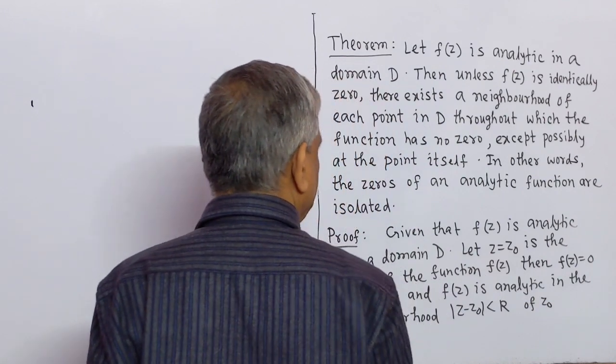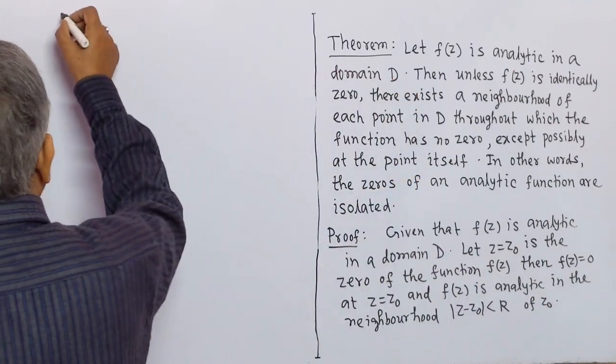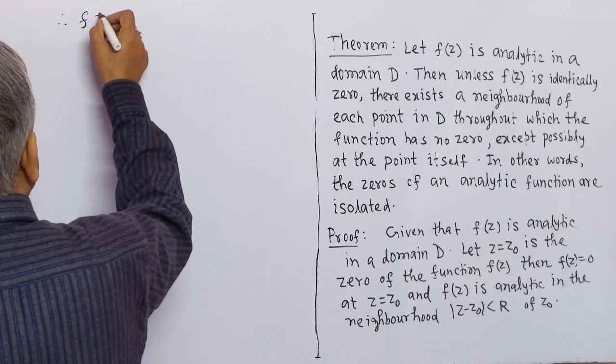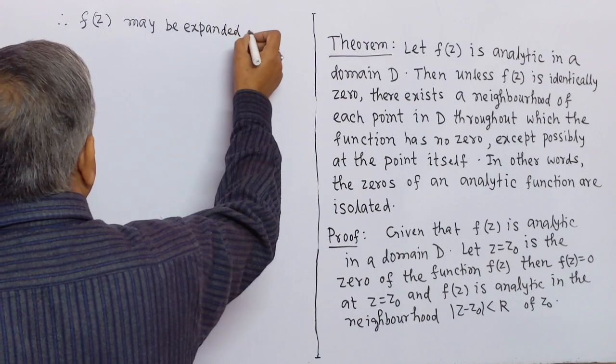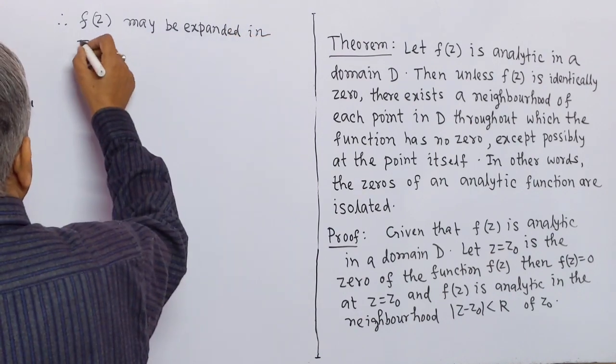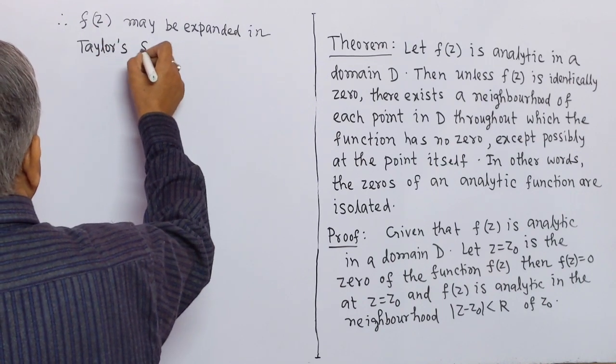This is the neighborhood of z naught. Therefore, function f(z) may be expanded in Taylor's series.